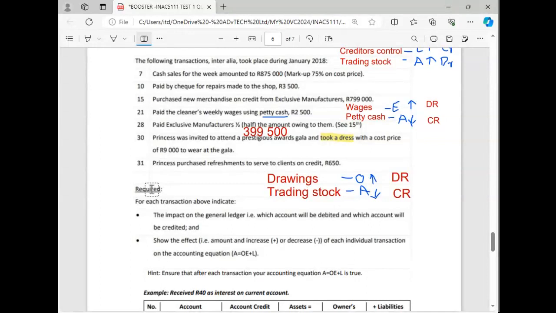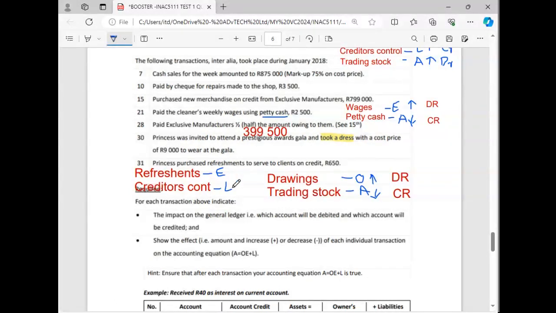Refreshments, and then, wait, no, it's credit. Sorry, it's creditors control. My bad. Refreshments and creditors control. This is an expense, and that one is a liability.